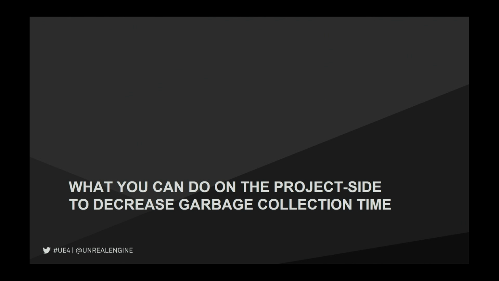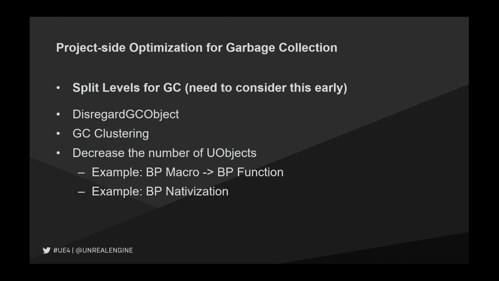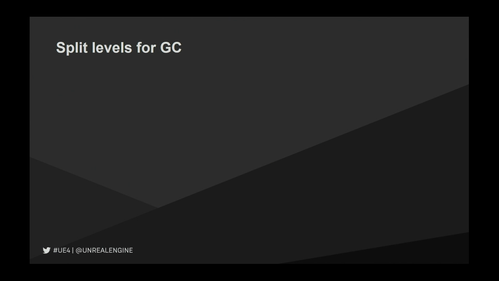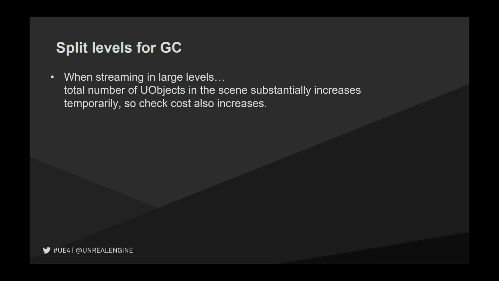So now I'll talk about what you can do to actually improve the garbage collection times. There's a lot of different things you can do on the project side to optimize for garbage collection, and I'll talk about each one. But the thing that's going to have the most impact is the size of your levels. When your levels are large, that means that there's just a lot of UObjects to check for garbage collection.